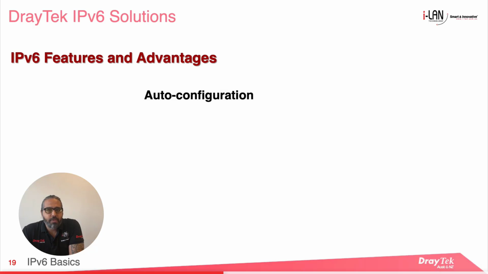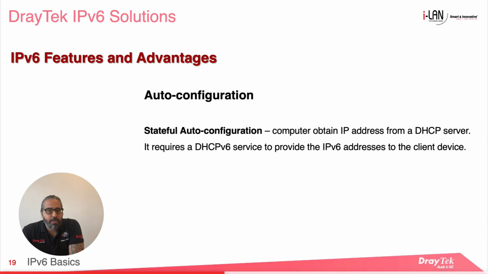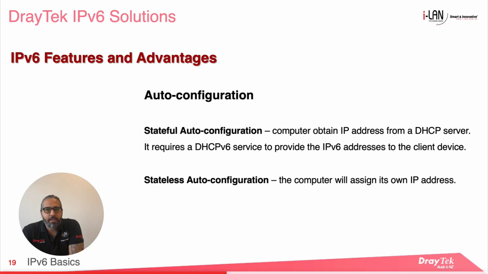There are 2 types of auto configuration. Stateful auto configuration is when a computer obtains an IP address from a DHCPv6 server, while in stateless auto configuration the computer will assign its own IP address.